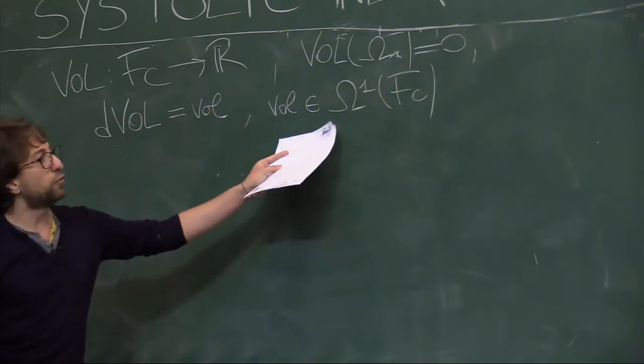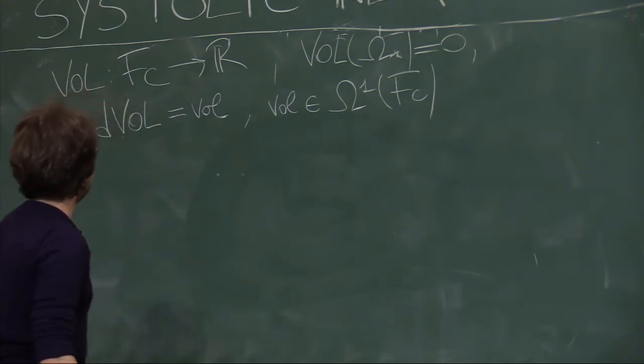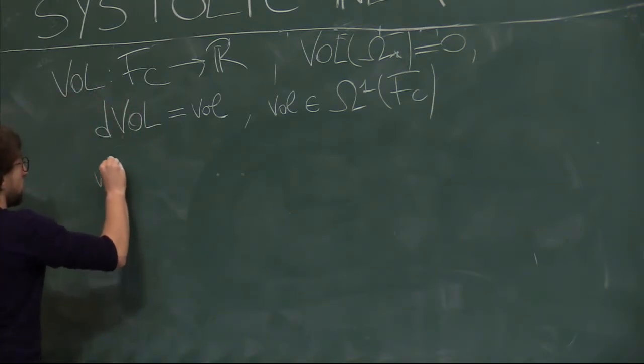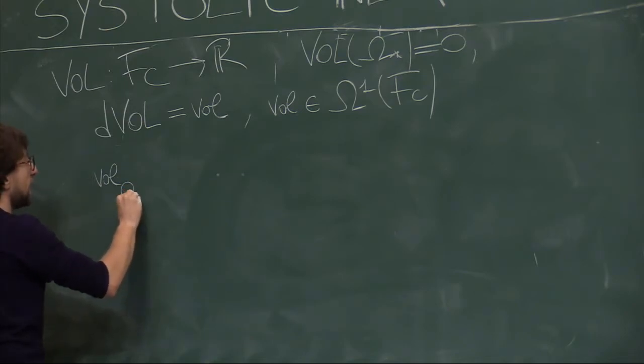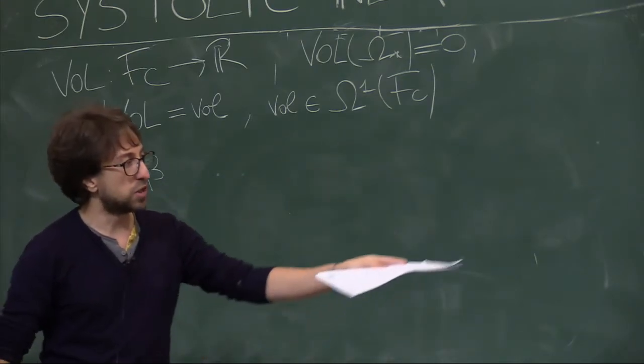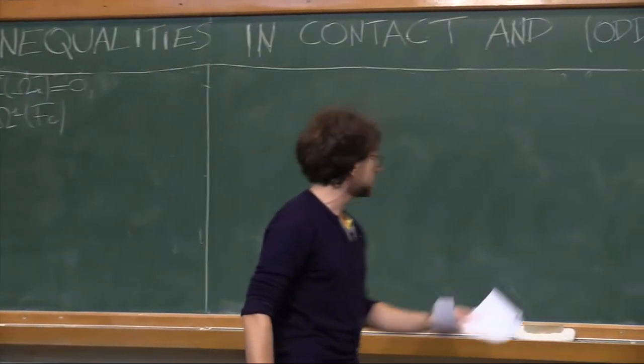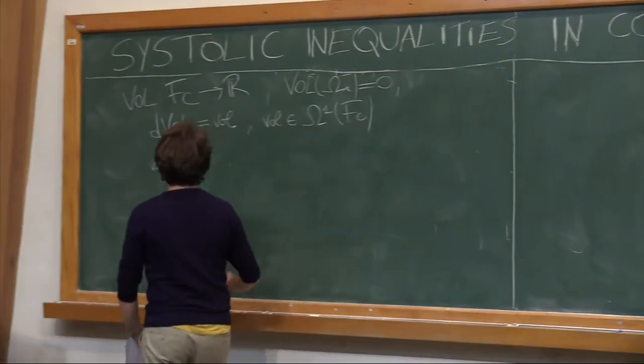Also, it's a one form on the space of closed two forms. How is this volume defined? So I have to take the volume at some point omega, and then I have to give it a tangent direction in this space. But we saw that this space is just basically a space of one forms, no? Because omega star is fixed. So this beta here is just a one form.